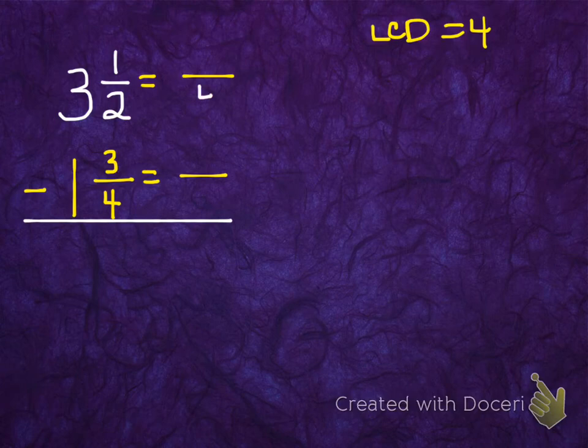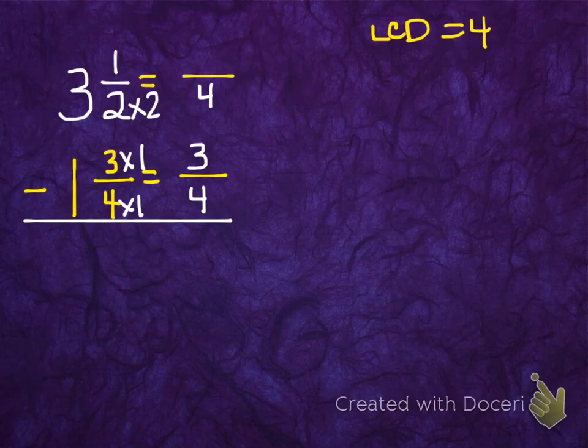So I'll write my 4 here and a 4 here. 4 times 1 equals 4. 3 times 1 equals 3. I'm sorry, not 4, but 2 times 2 equals 4. And 1 times 2 equals 2.